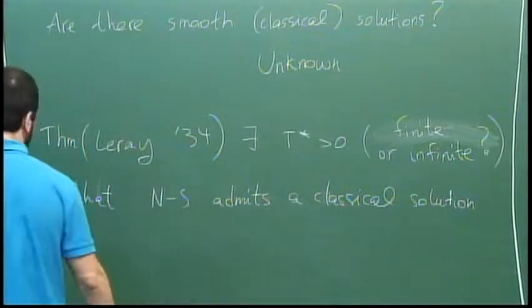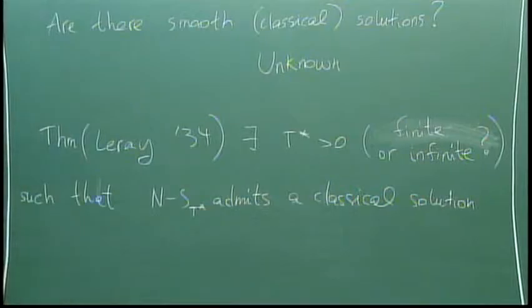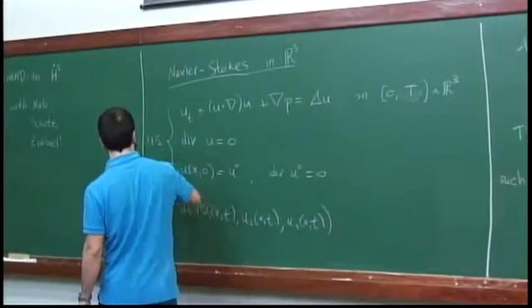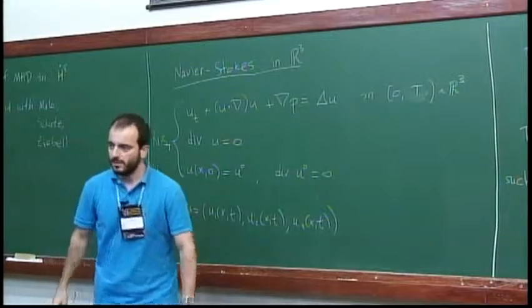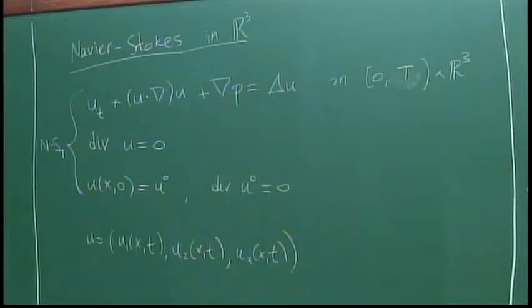Well, maybe to be more precise, I could just put T star here. So the system admits a solution on (0, T star), where T star is positive.